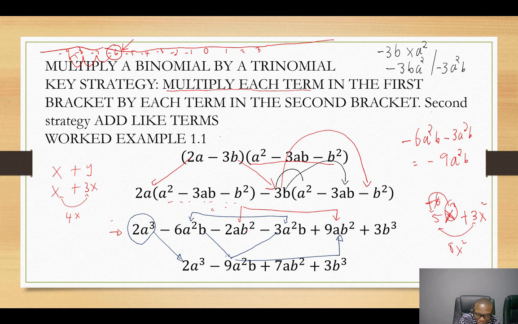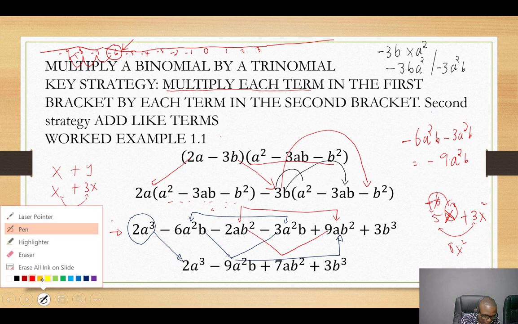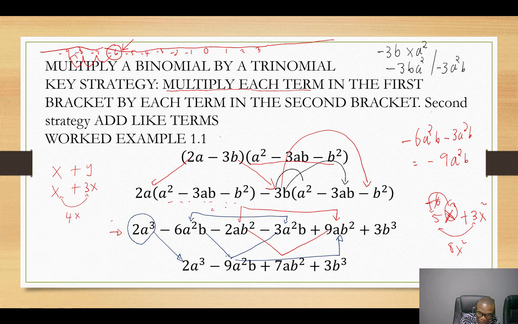So these two, they give us this one. 3b cube does not have a like term, so it will just be 3b cube. So you are done. You multiply the binomial with a trinomial.